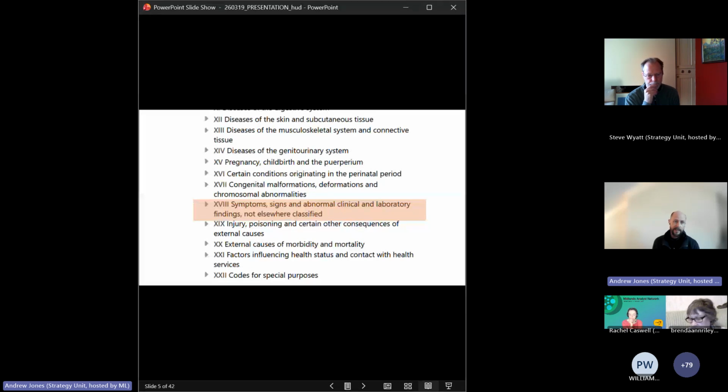So as Stephen said, this chapter can include codes for things like headache, abdominal pain, tendency to fall, rather than for specific diseases or injuries. And when a signs and symptoms code is recorded as a patient's primary reason for admission, it implies the consultant team did not reach a view on the patient's medical diagnosis.